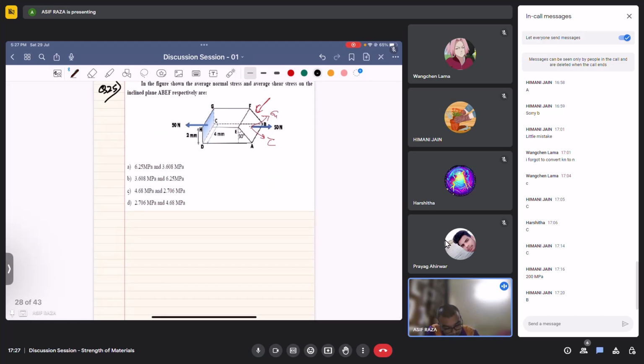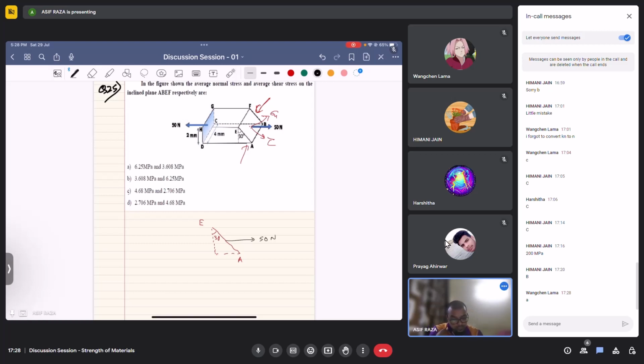I'll try to draw this cross section here. So we're given A, E, with this as 30 degree. Now the force given is 50 Newton here.